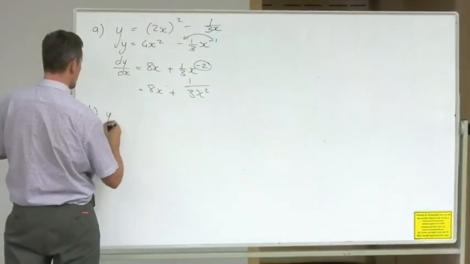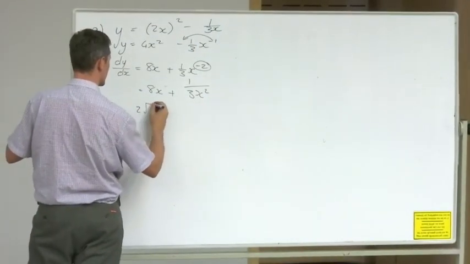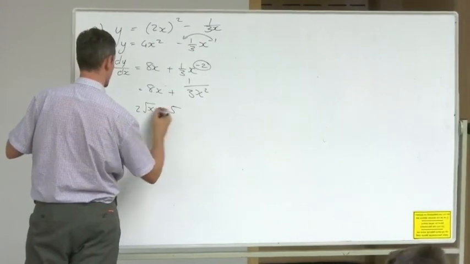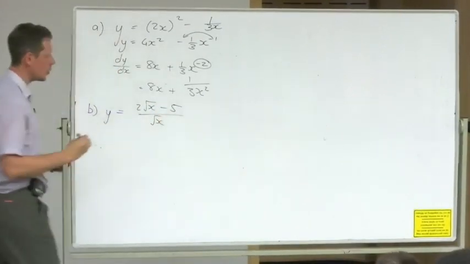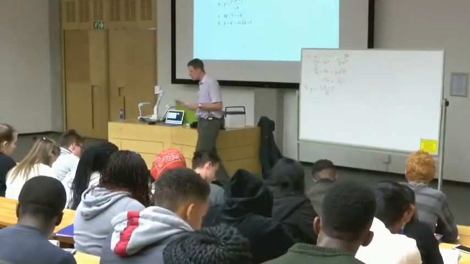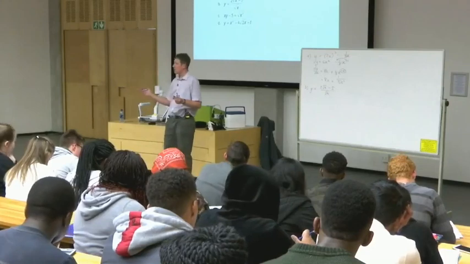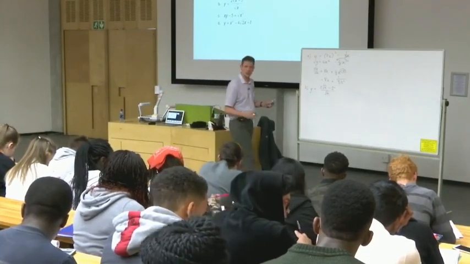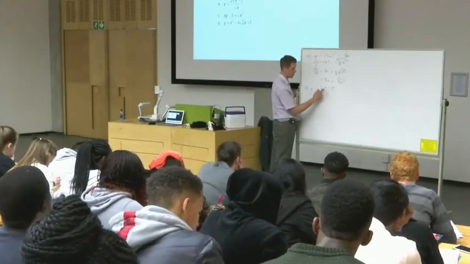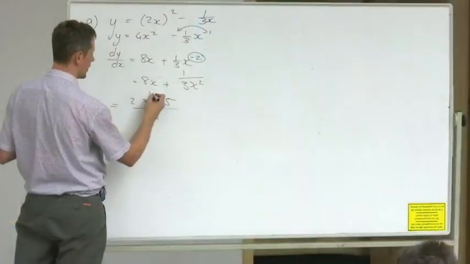Okay, so let's look at B. If I look at question B, the issue for me is number 1, there's roots and x's in the roots. So what am I going to do? I'm going to apply the exponential laws.